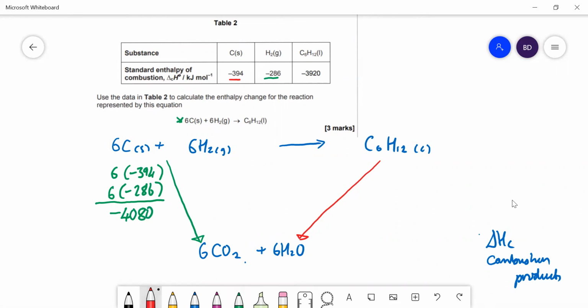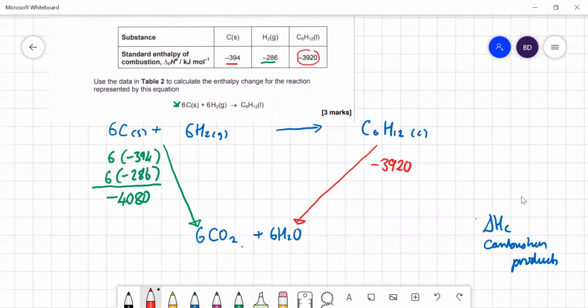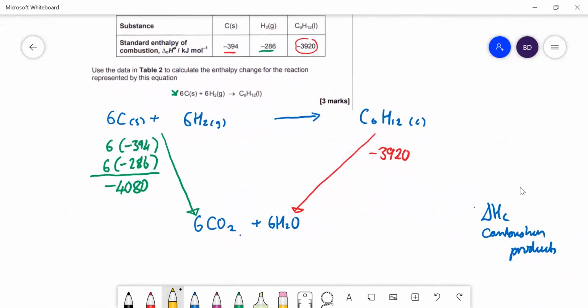Right, on the red arrow, we're just burning 1 mole of cyclohexane, which gives us minus 3,020 on that arrow. Now we're going to use Hess's law to work out delta H, this is the one we want to find out.